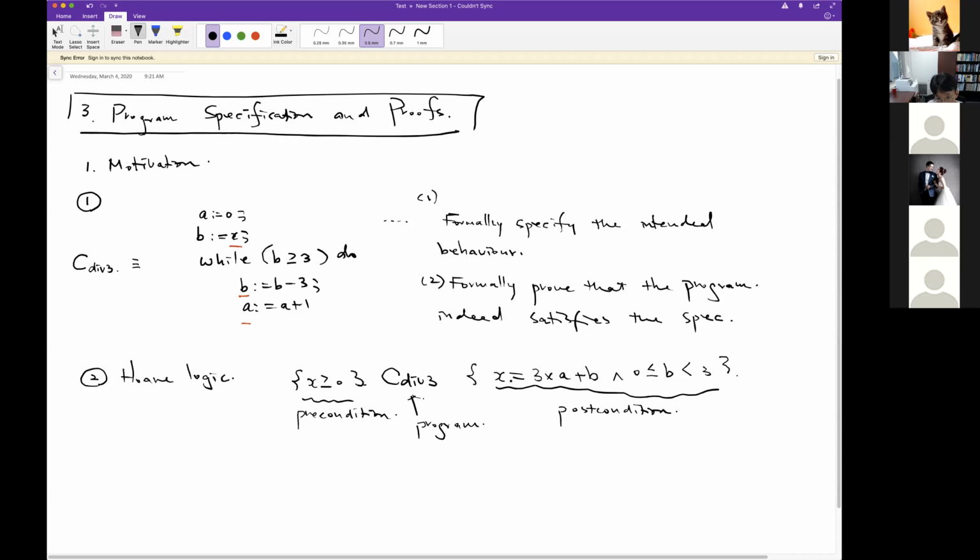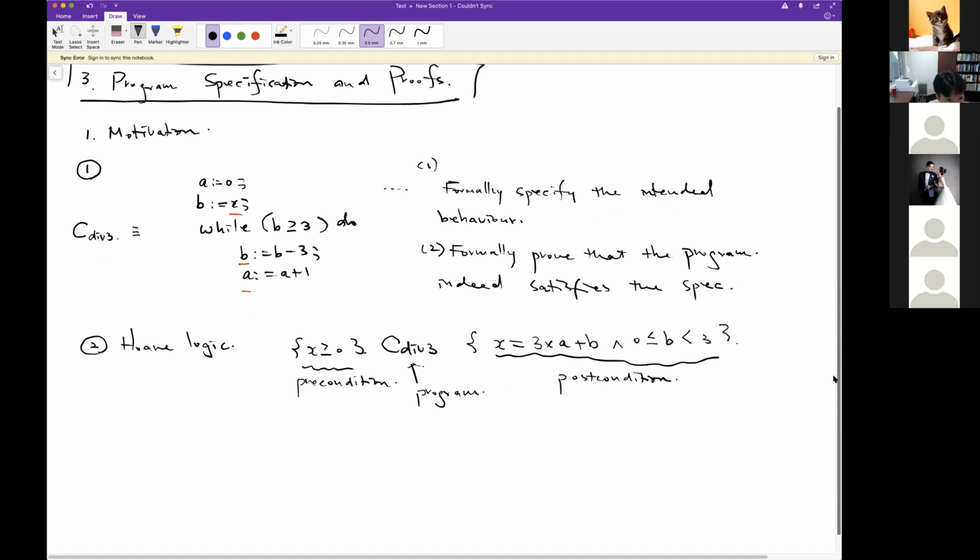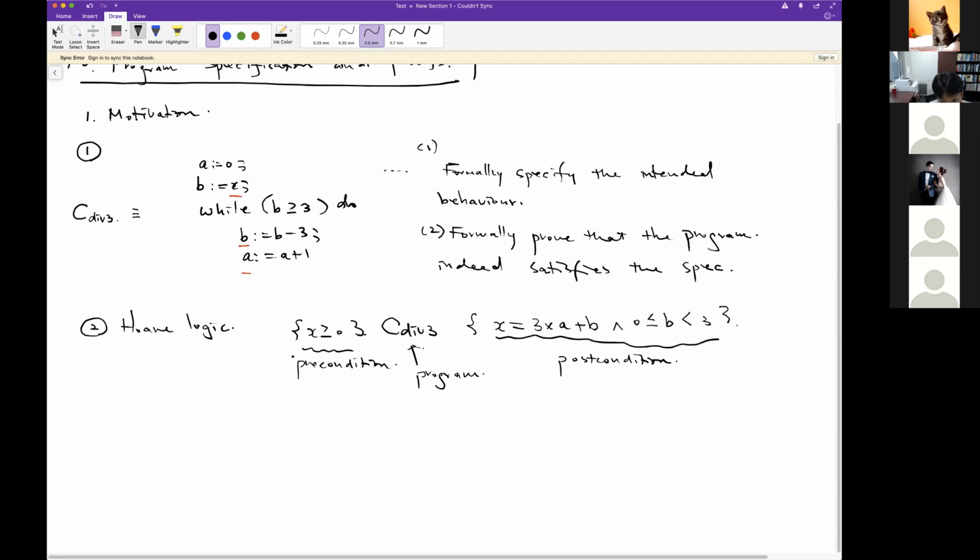The postcondition says x is equal to 3 times a plus b, and b is greater than or equal to 0 but smaller than 3. This is exactly saying a is the quotient of dividing x by 3, and b is the remainder. It's a formal way to specify what I explained to you before. This is the kind of thing that we want to do, and second, we will also learn how to write the proof for this specification.